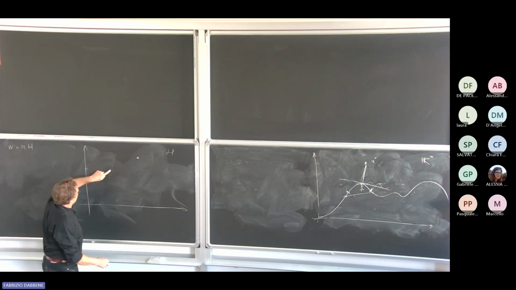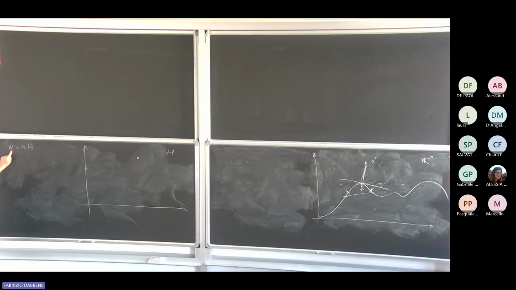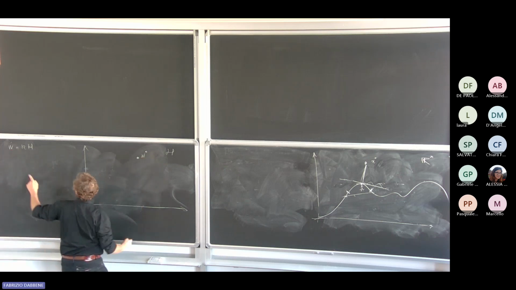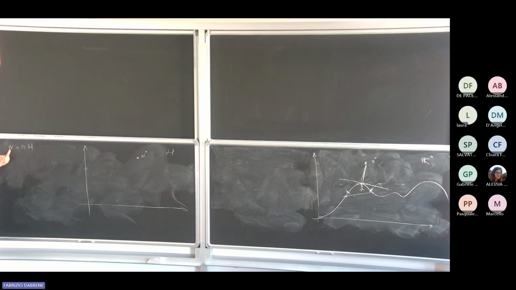Remember, we had an objective random variable, and we had a predicted random variable, which is a function, in this case a linear function, of another random variable. And in this space, we have W. But of course, this W is a function of K. Change K, change the forecast.